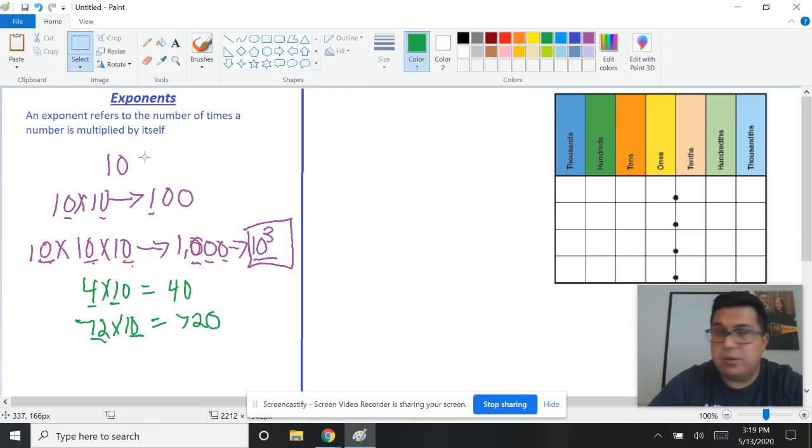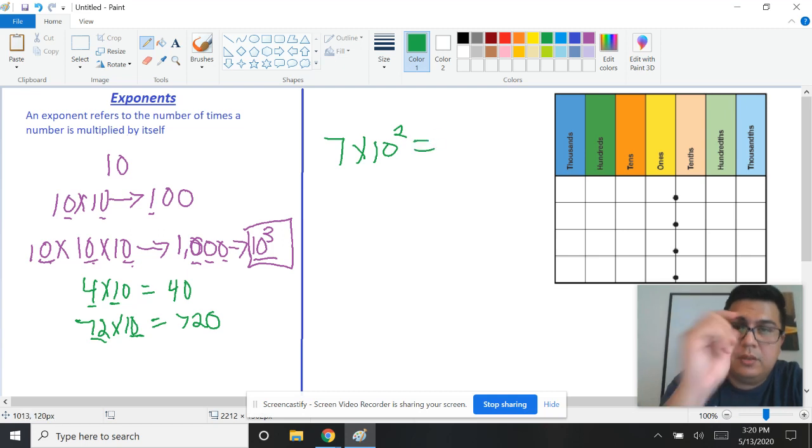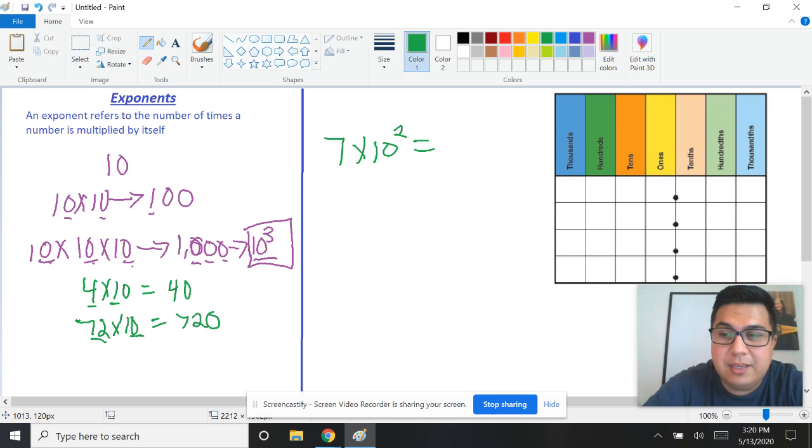Okay, so let's go ahead and apply this to decimals, and let's say we have, actually before we even go to decimals, let's go to exponents. So multiplying a number like 7 times 10 to the power of 2. Okay, did you guys remember what 10 to the power 2 is really?